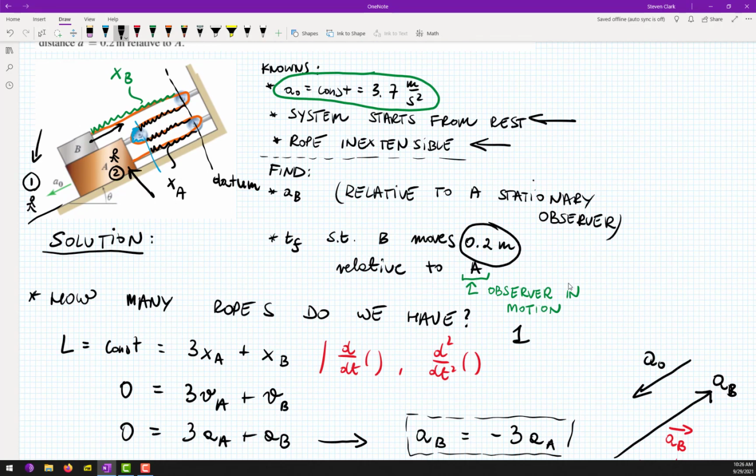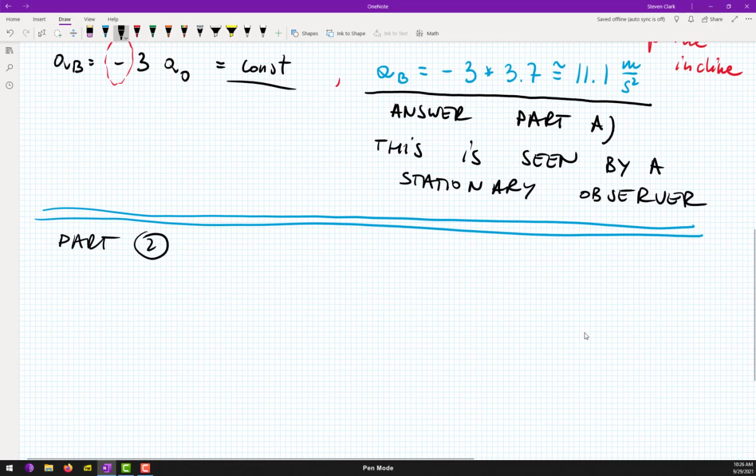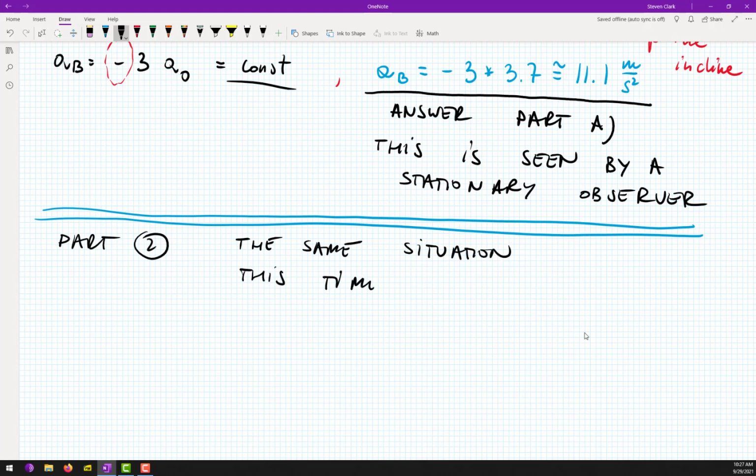It's exactly the same problem, but just seen from a different perspective. So I'm going to write it down. The same situation, this time seen from block A perspective.